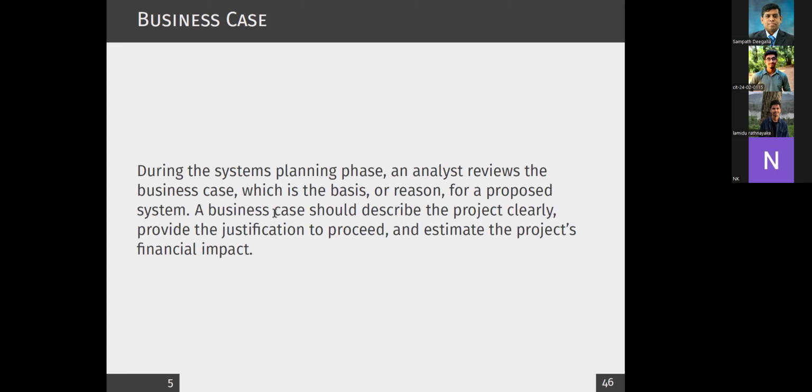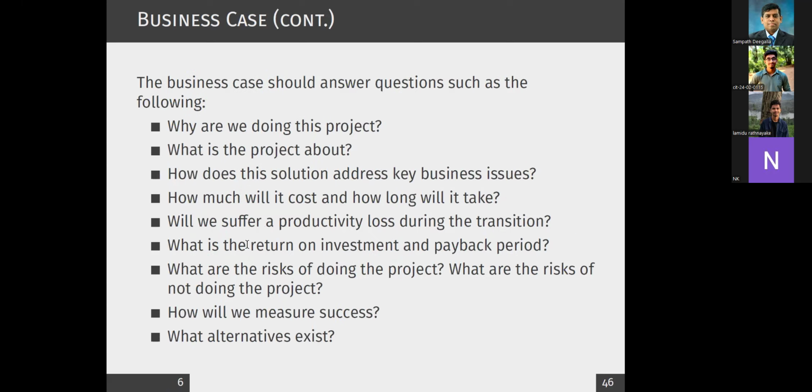Then you have to clearly describe what you are going to do, and also you have to justify why you need it. And then also you have to make a comparison. You have to find some monetary value, money value. That means you have to estimate the financial impact of developing the information system. So that's what I want to highlight under business case.